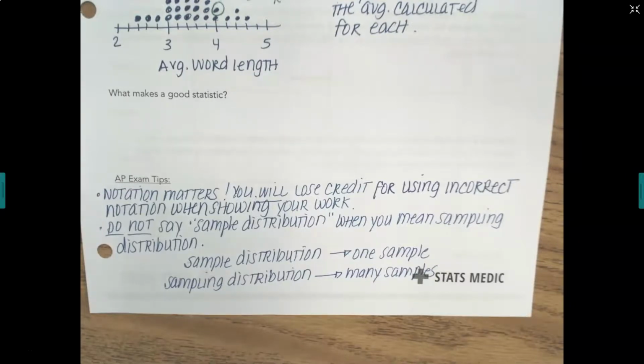Now, we wonder, what makes a good statistic? What it comes down to is we're trying to estimate a population value of some kind. So how close is that statistic to the population value?